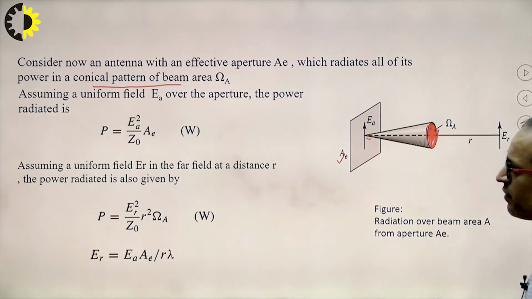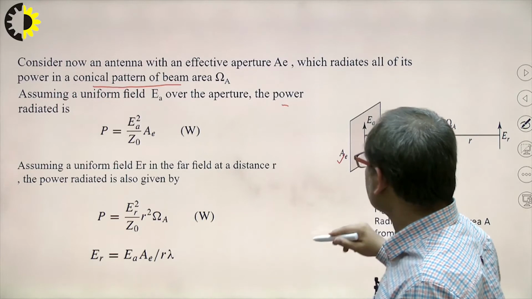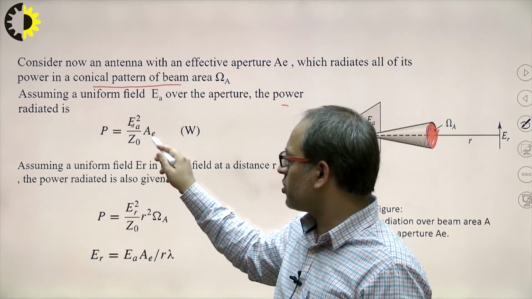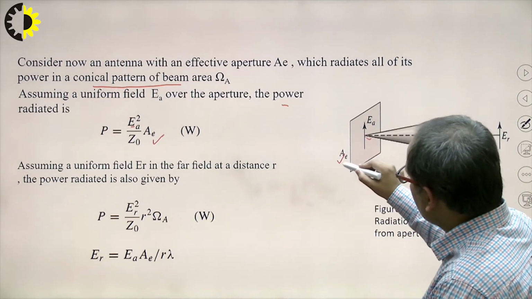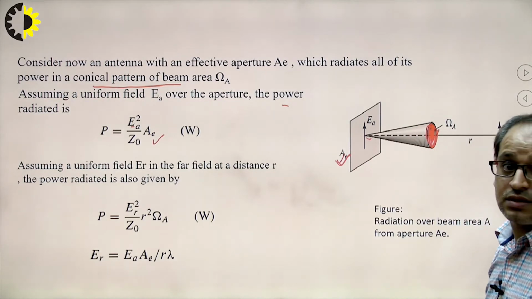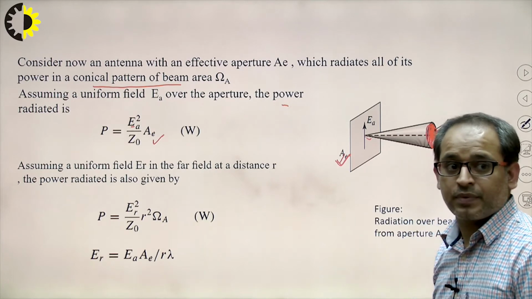So how much power is radiated by this effective aperture area? P equal to E square divided by Z naught into AE, because here I am considering the effective aperture area of the antenna from which the antenna radiates its power. Clear?